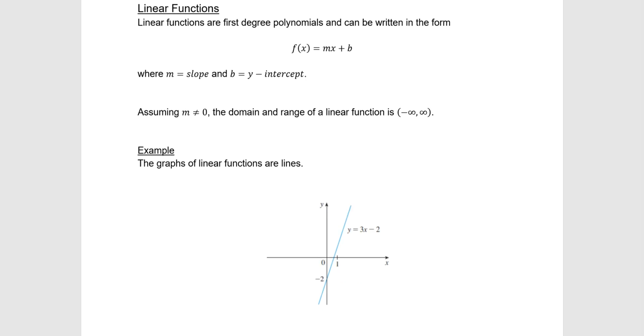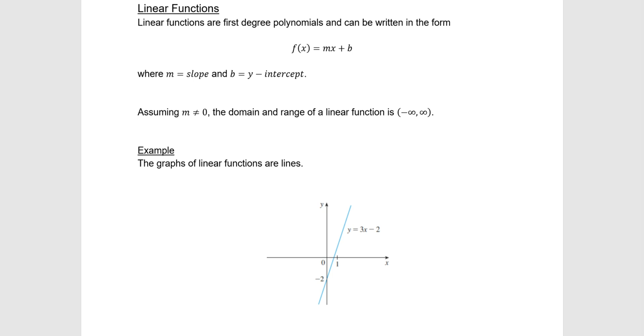Now we're just going to dive into each one of these very, very briefly. For linear functions, we know that these are first degree polynomial functions, and they can be written in the form f of x equals mx plus b, or y equals mx plus b, where m is the slope and b is the y-intercept. So m and b are numbers, m is the slope, the rate of change, and b is the y-intercept.